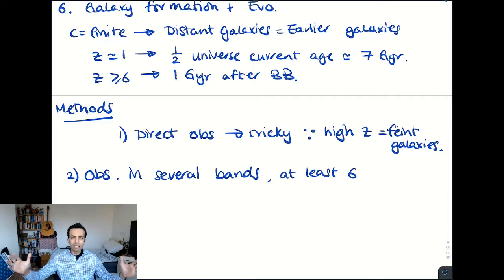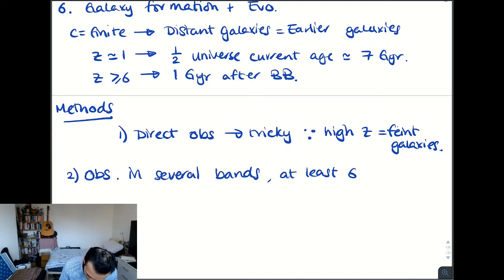But if we combine several bands, at least 6 of them, then we can use some simple models for galaxy formation, what light we expect, IMFs, things like that, which we discussed previously, to work out what would be the best type of galaxy and at what redshift to produce the observed data across multiple bands.